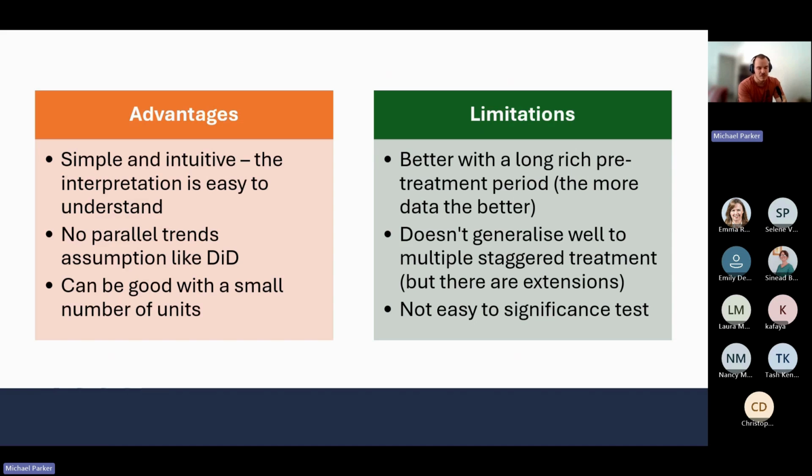And this comes back to often the context in which you're doing the study, where you need to know, oh, this policy was implemented in the UK in a given year, but it was rolled out progressively, and that's important to know if you're trying to do this analysis. It's not easy to significance test. There are extensions for doing that. So a lot of it relies on intuition.